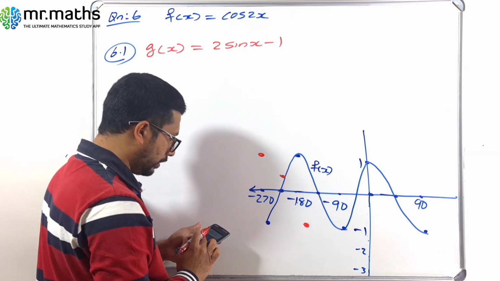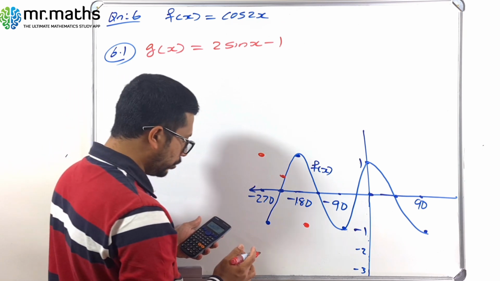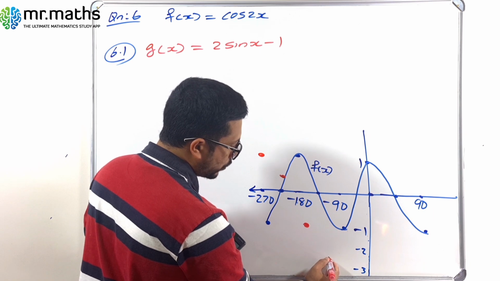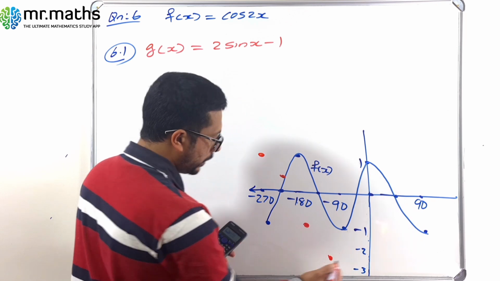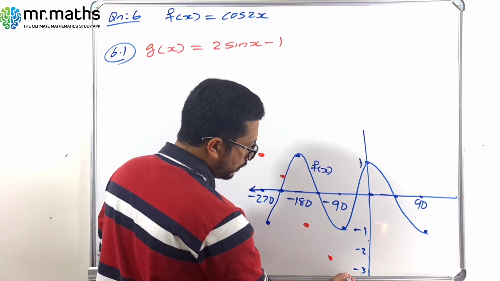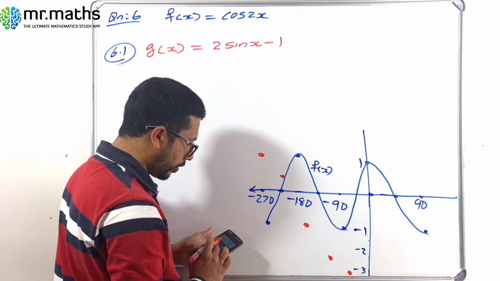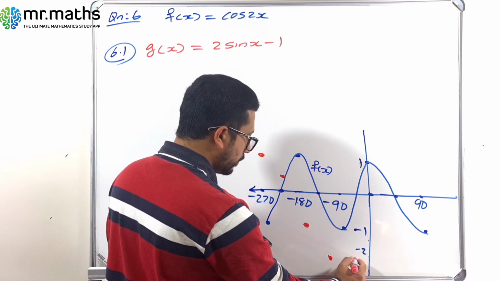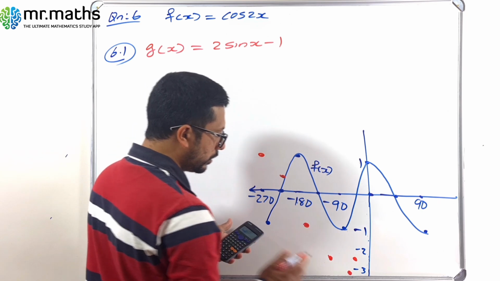Then after minus 180, minus 135, again it is going down, minus 2.4, somewhere here between minus 2 and minus 3. Then minus 90, minus 3, again going down, so up to minus 3. Then minus 45, now it's going up, it is this one. Then 0 is minus 1.